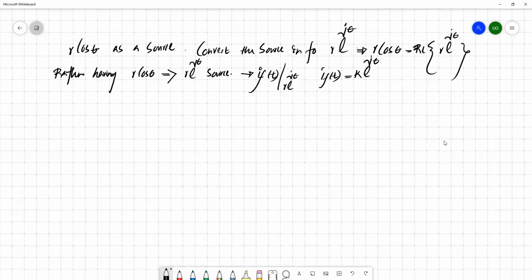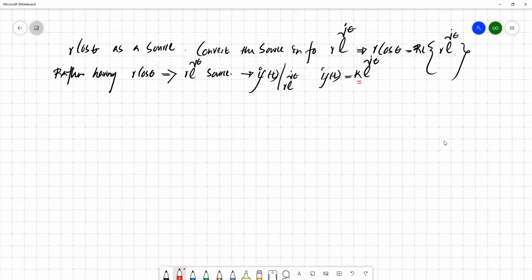Then we find this forced response, and here you basically need to find a single constant. You don't need to find two constants like in the previous case. So we have only one constant in this system. You can find the k value by substituting this into the original differential equation, which must be satisfied. So then you can easily find the k value.